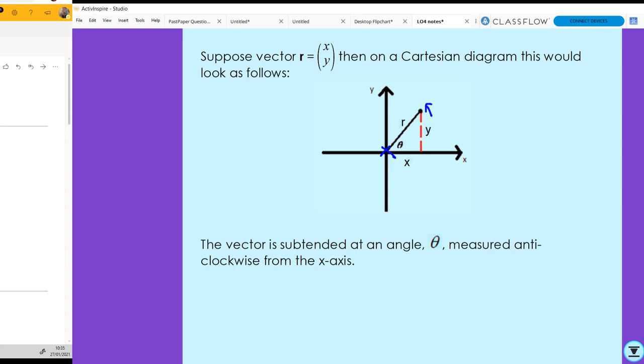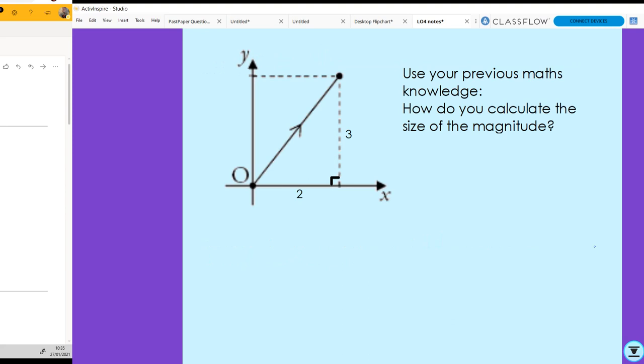So if we want to work out the magnitude, the value of r, there must be a way to do this. Let's use our previous maths knowledge. If we go back to that earlier vector, the one I gave you, which is an x component of 2 and a y component of 3, and it's plotted in this picture, 2 along, 3 up, you'll notice that I've added something in here down at this corner.